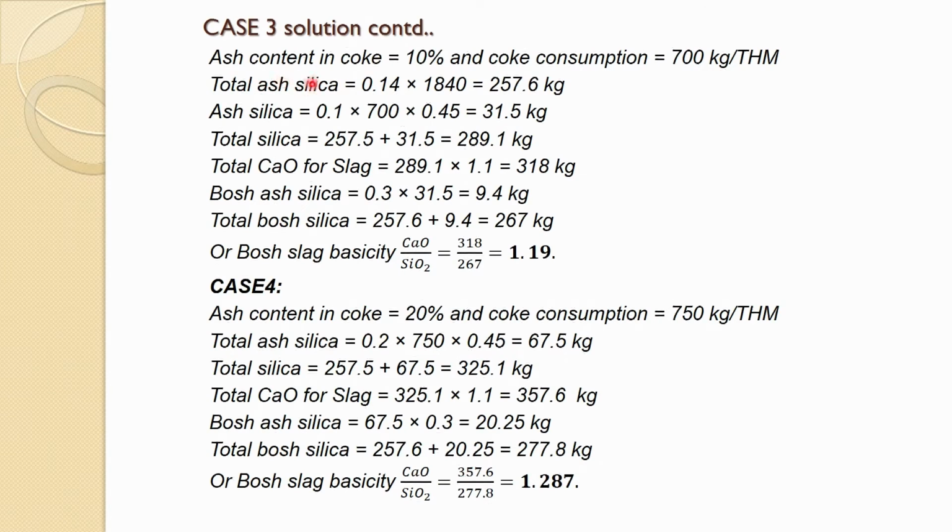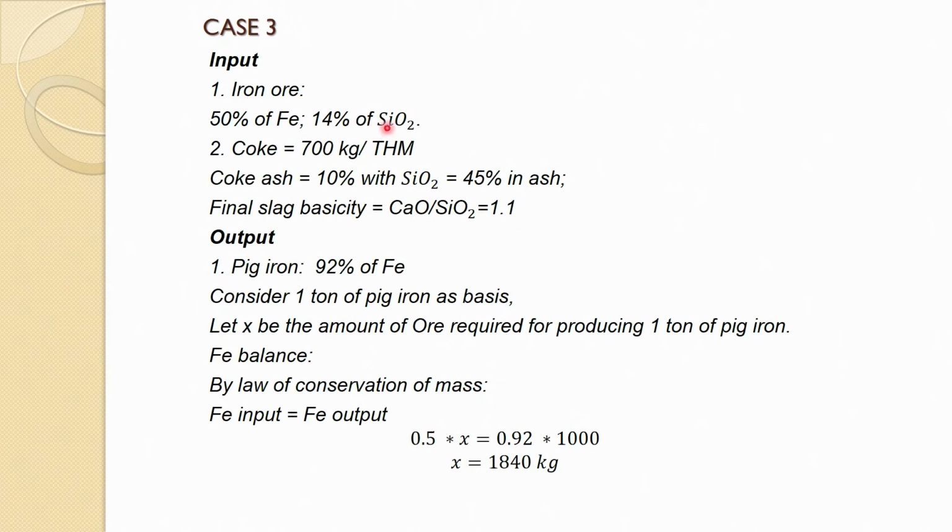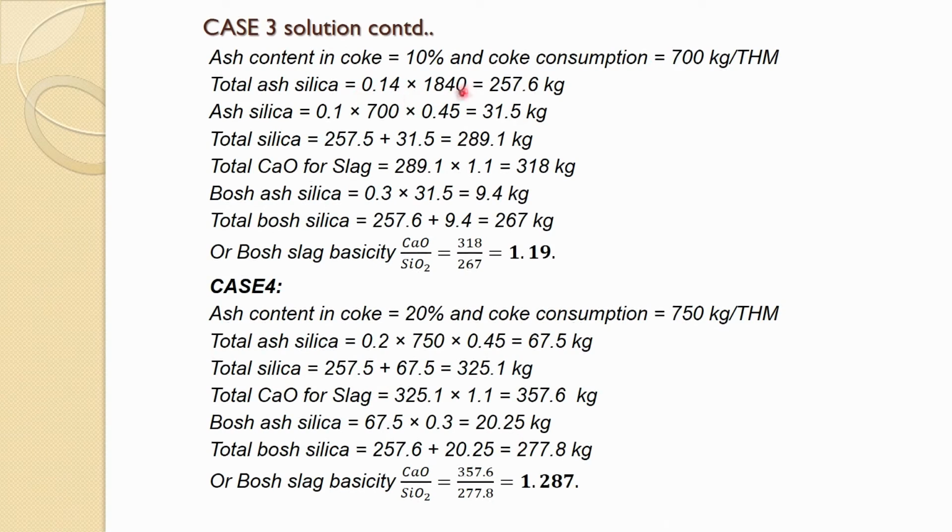So, total silica in the ore, because it says 14% silica and ore we got 1840, so in fraction form, 257.6 kg silica in iron ore, and silica in coke in the form of S. So, this first figure gives the total S in the coke, because 700 kg per ton of hot metal, 10%.